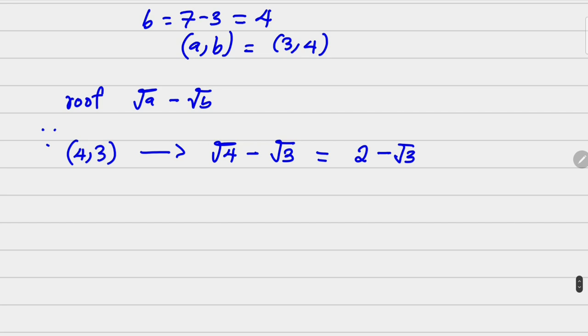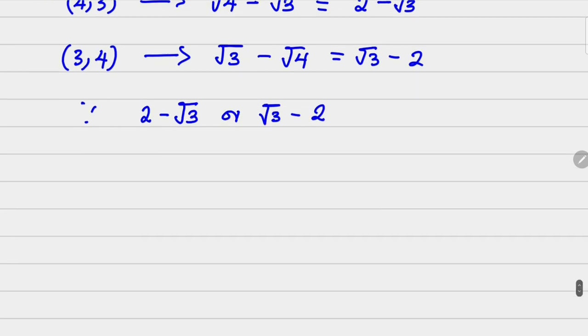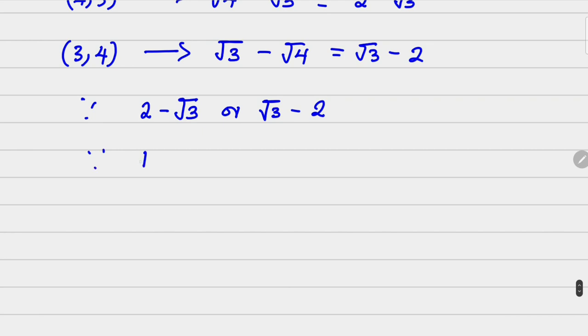Now, if we pick the second one, which is 3 comma 4, then it's going to be root of 3 minus root of 4, which is going to be root of 3 minus 2. So therefore it is either going to be 2 minus root of 3, or we can have root of 3 minus 2. Now either way, if we combine it together, we are going to have plus or minus 2 minus root of 3.